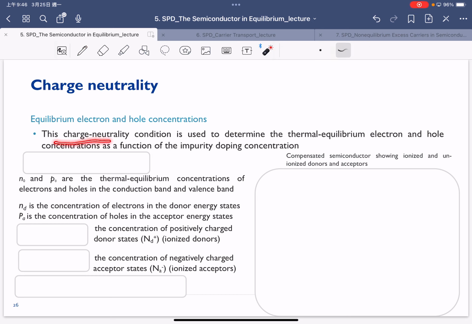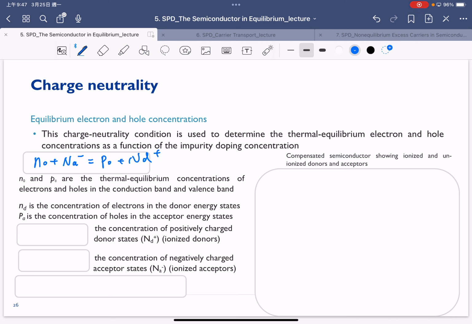The charge neutrality condition is used to determine the thermal equilibrium electron and hole concentration as a function of impurity doping concentration. In the previous slide we discussed that n0 plus Na minus is equal to p0 plus Nd plus here.